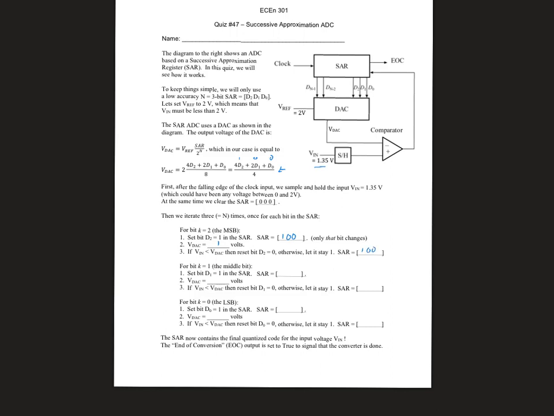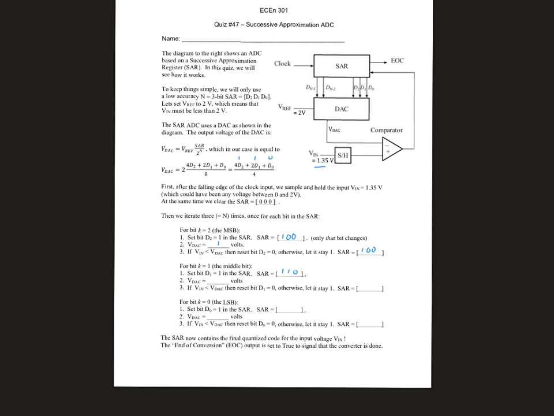Now we move to the second bit. And so at the SAR we have 1, 1, 0. And now we get, from this formula, we'll have a 1, 1, 0. So we'll have 4 plus 2 is 6 divided by 4.